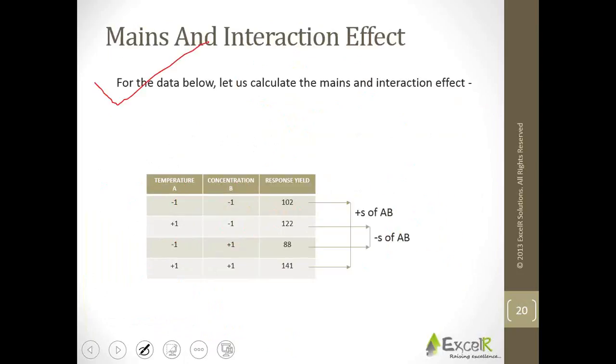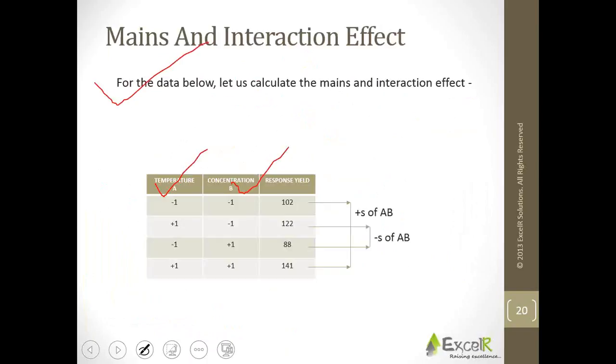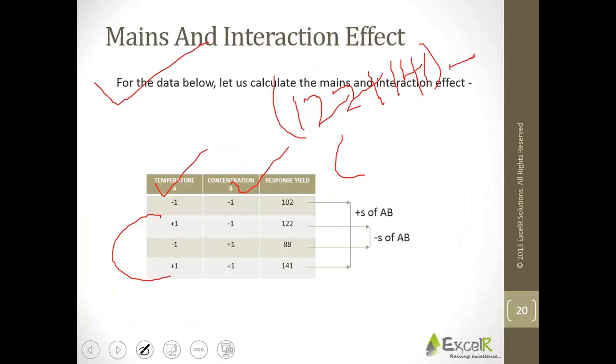Now for the data below, let us calculate the main and interaction effects. Main effect means for A and for B you'll have to calculate separately. How do you calculate? Sum of plus minus sum of minus, divided by number of plus. So take the sum of the plus sign values, that is 122 plus 141, and subtract the negative values, the -1 ones, which are 102 and 88.